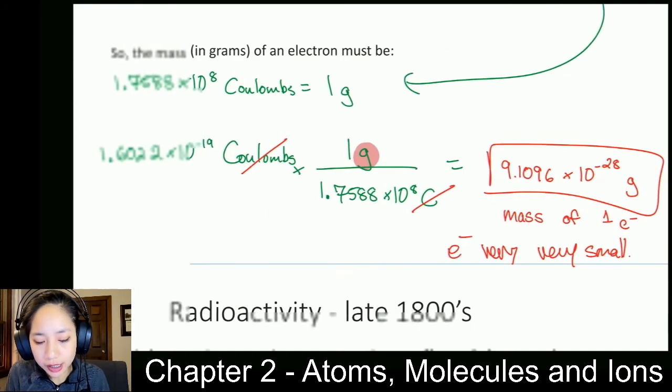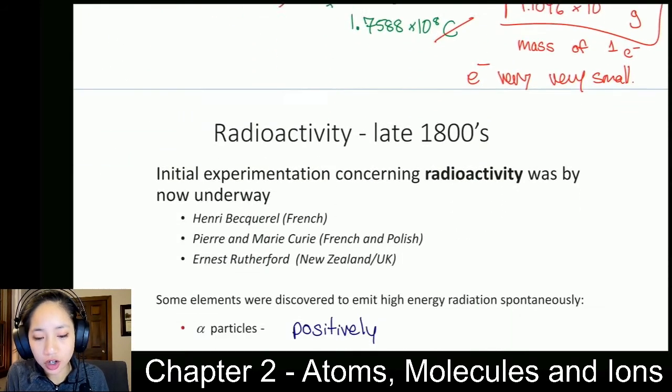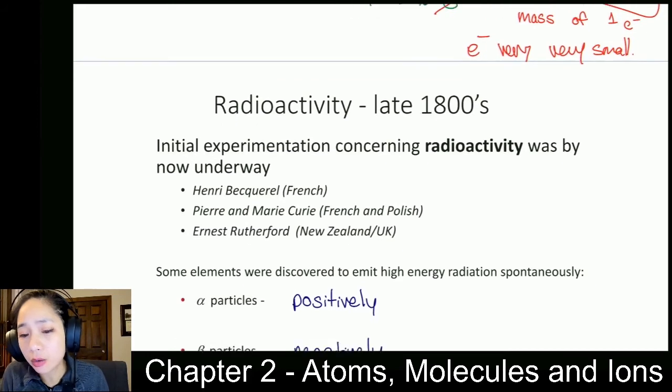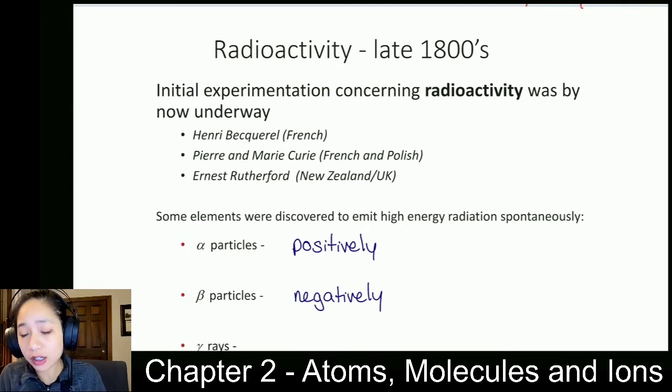Okay, so this leads us to now talking about radioactivity and how radioactive elements is what helped us discover the other subatomic particles. So electrons were the first subatomic particle discovered, and the experiments that led to that discovery are kind of more flamboyant. They're more interesting.